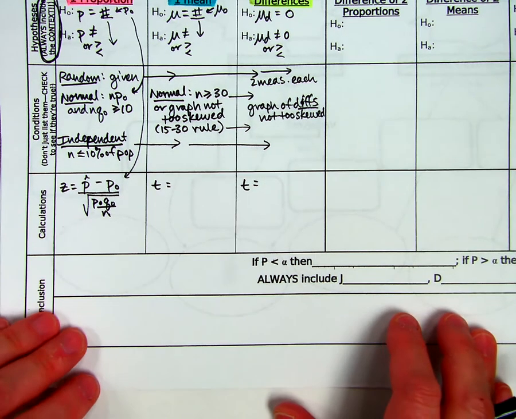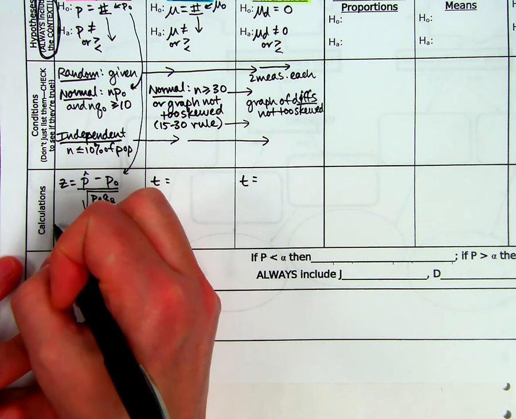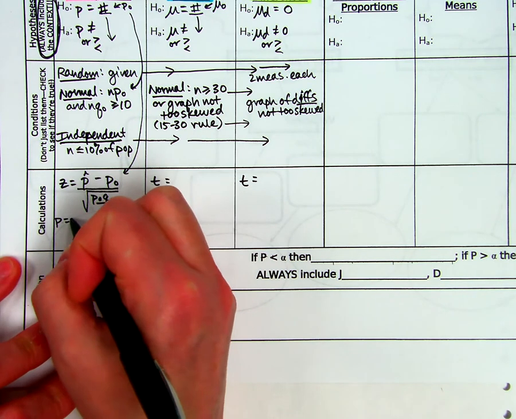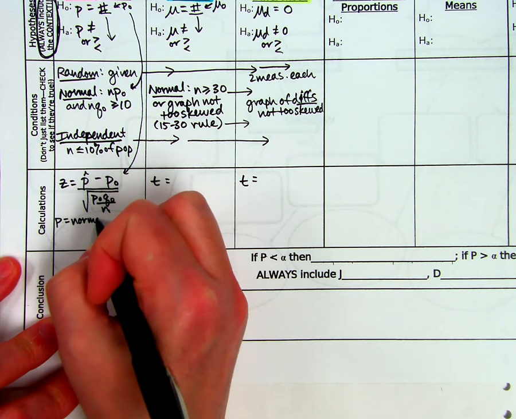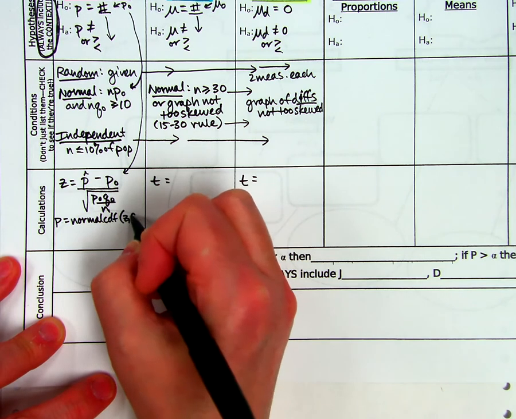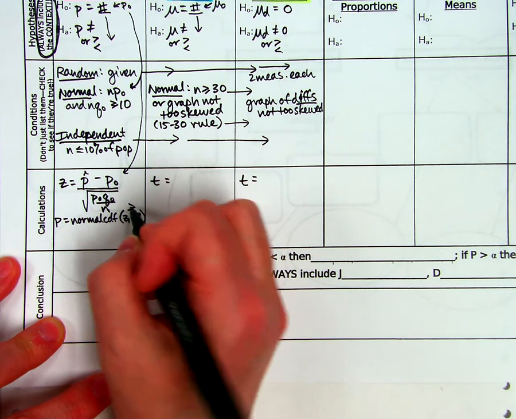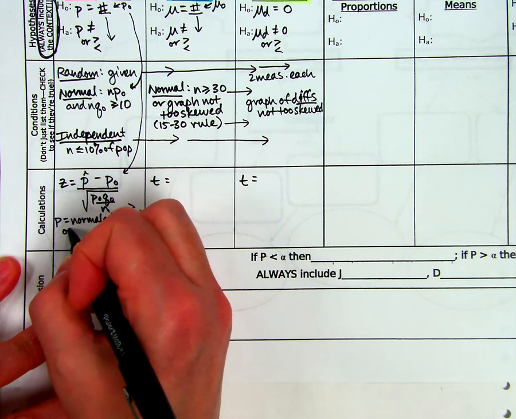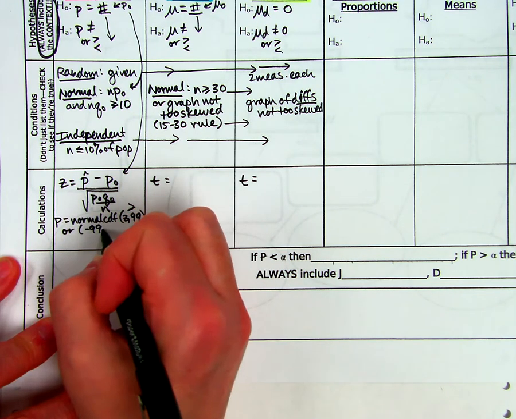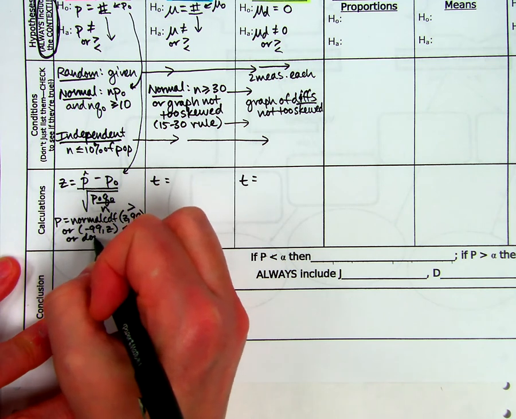All right, back to what I was saying before. After you find Z, then you find your p-value, which is the normal CDF sort of thing. And remember, that could be Z and then some big number if you're doing a greater than in your alternate, or it could be negative 99 comma Z if you're doing a less than, or it could be doubled for not equals.